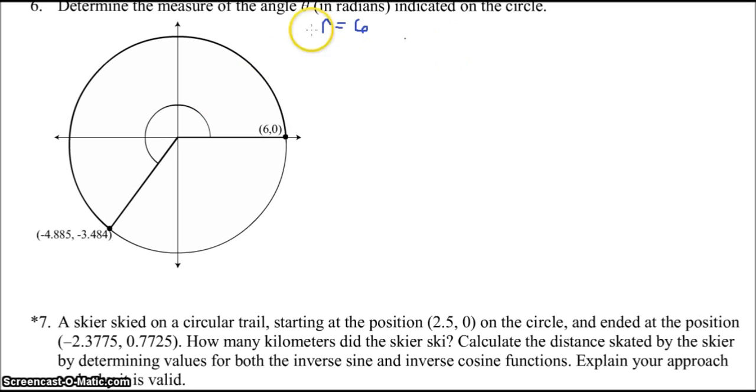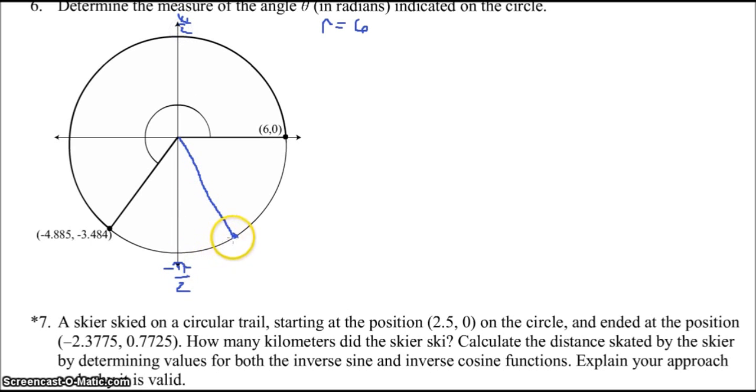Then we have the x-coordinate here, which is a horizontal distance, and the y-coordinate is a vertical distance. One thing we could do is look at it in terms of our inverse sine function. The inverse sine function, which is restricted from negative pi over 2 to pi over 2, could help us here.